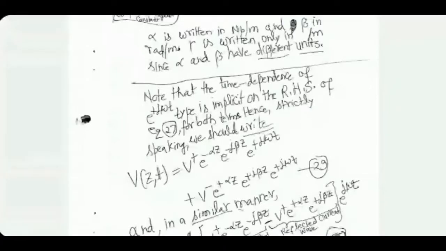The second term has negative Vp. The numerical value is not different, but the sign will be negative, because now the constant phase surface is omega t plus beta z equal to constant. So if you differentiate with time, you will get Vp as a negative value. That is why the second term is said to represent a backward traveling wave or reflected wave, while the first term is said to represent an incident or forward traveling wave.